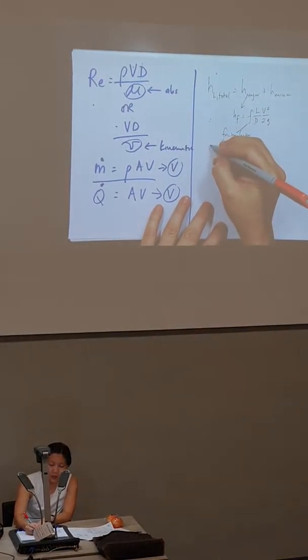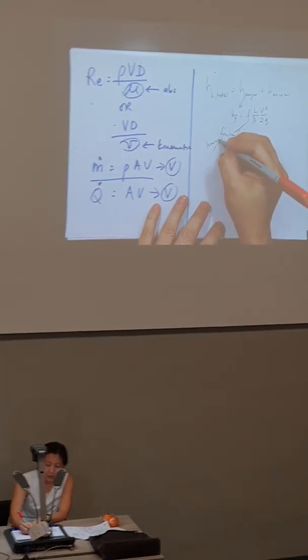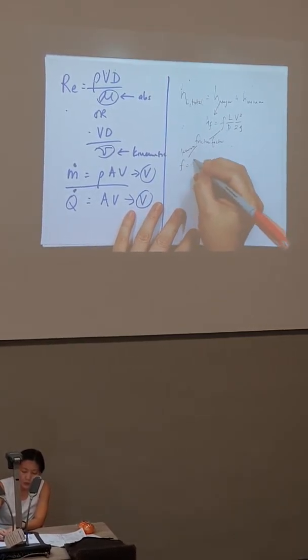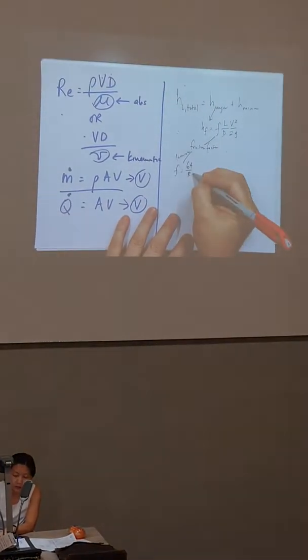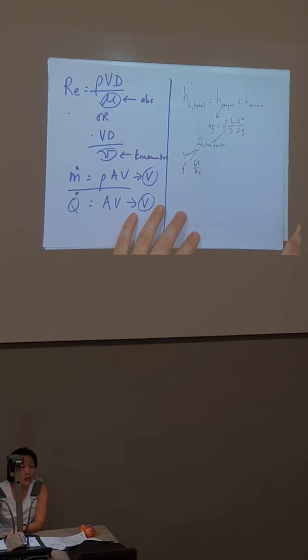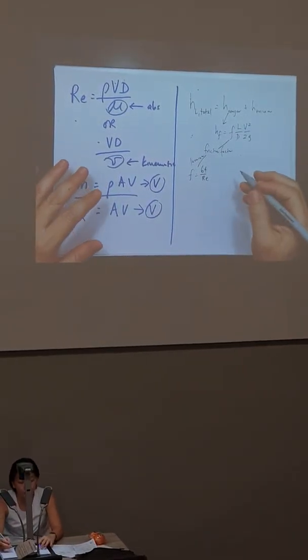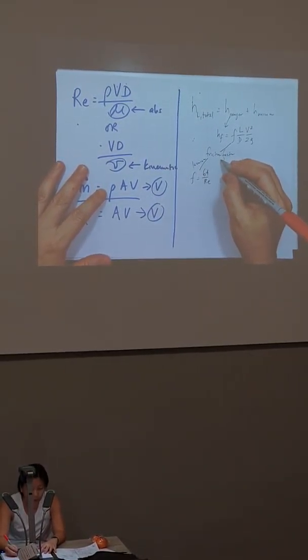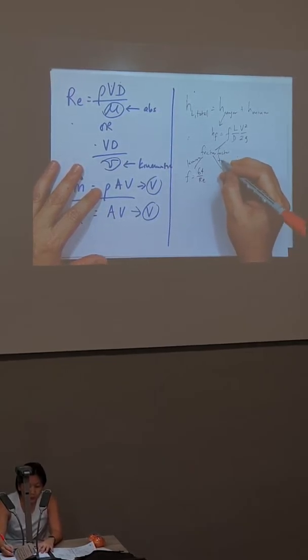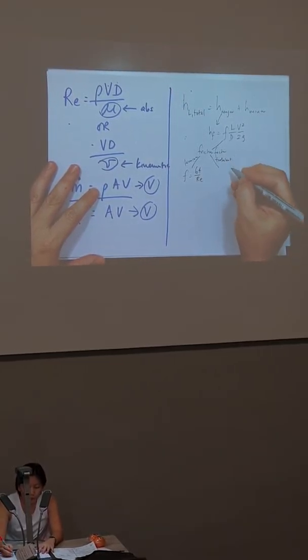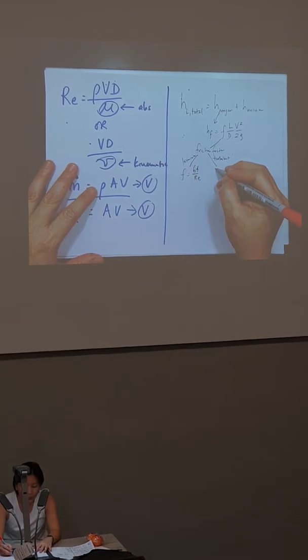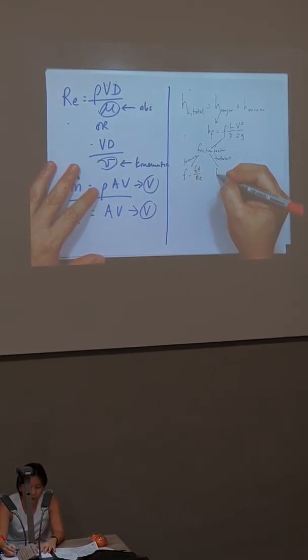and if it's laminar, F will be equal to 64 over Re. Now all these we have already gone through in our lectures and you already had your tutorial. If it's turbulent, then you read off from, anyone? What chart do you read off from?